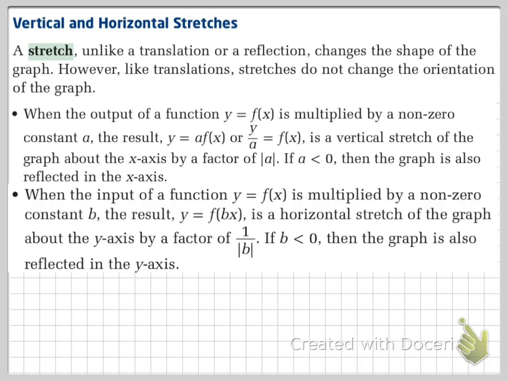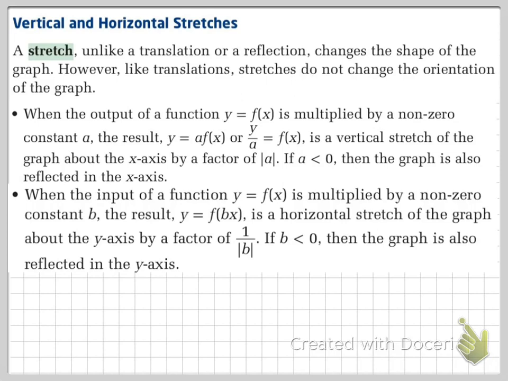Or if you divided both sides of that equation, you would get y divided by a is equal to f at x. It's a vertical stretch of the graph about the x-axis by a factor of the absolute value of a. However, if a is less than 0, there's also going to be a reflection in the x-axis.